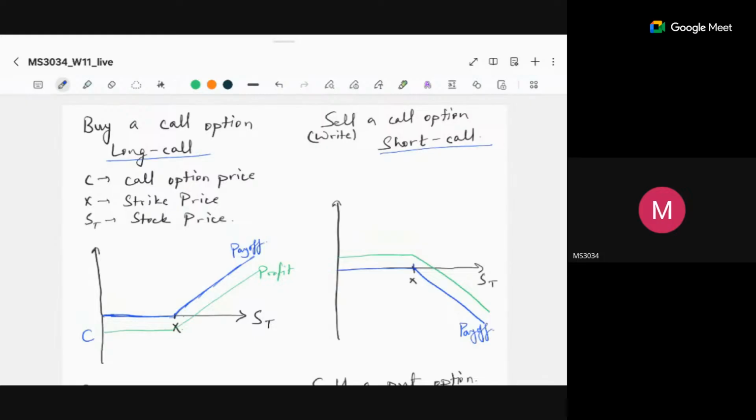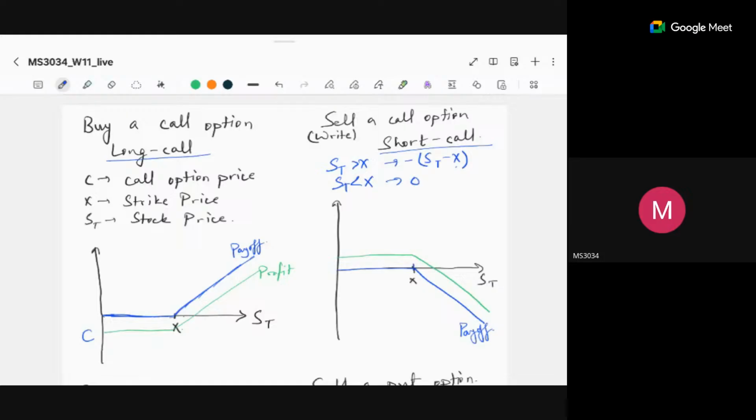But when my stock price gets higher than this capital X, then the payoff will be like this. So if the stock price is more than X, and if the stock price is less than X, in this case it is 0. In this case, because now you are selling, the person who has bought this call option from you will exercise his call option, and his payoff will be the negative of what you would have if you had bought it.